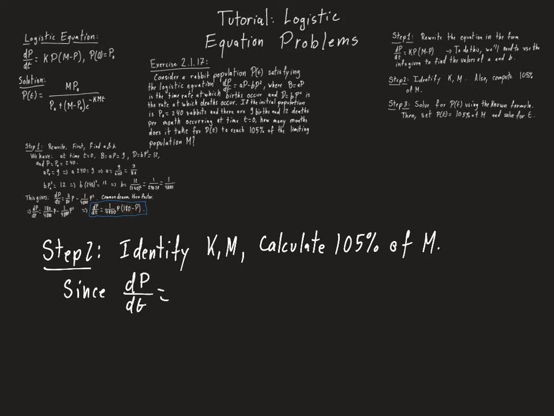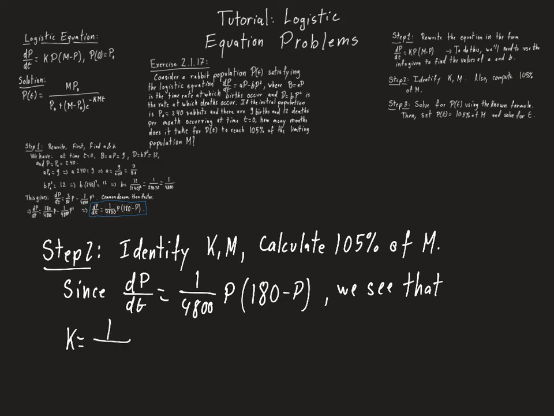Since dP/dt is equal to 1 over 4800 times P times parens 180 minus P, we see very simply that k is equal to 1 over 4800. Again, don't be too worried if you have something along the lines of this, some very small number or some weird looking fraction.